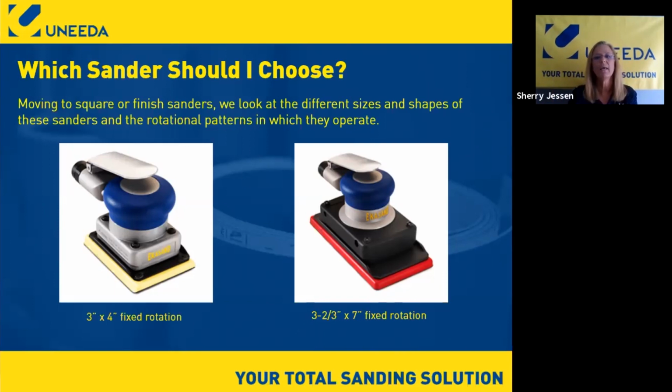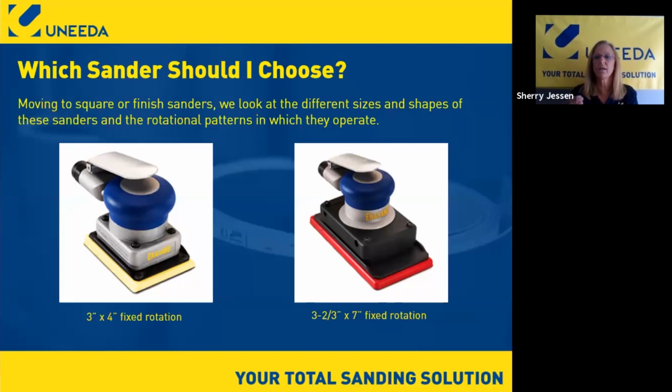But the 3 2/3 by 7 has the same rotation with a larger footprint, so it still allows me to go corner to corner without getting out a sanding sponge or a sanding block.